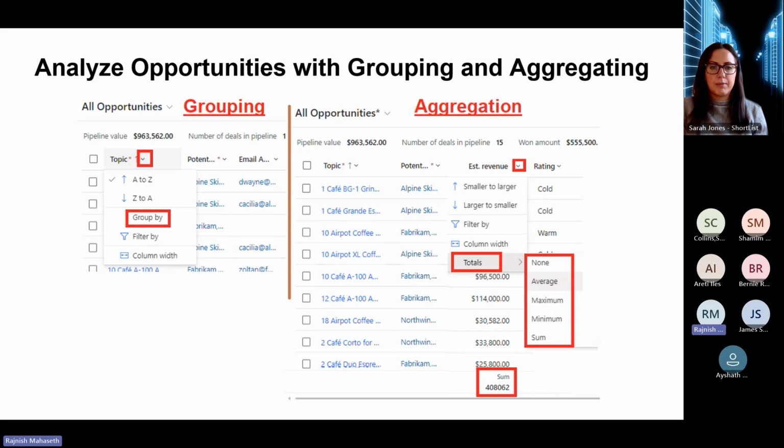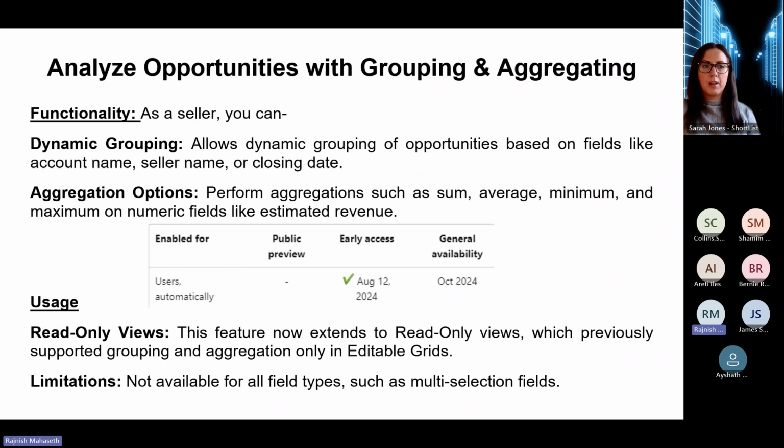Okay. And one thing to note here is this feature is not available for all the field types. Like we have multi-choice field or multi-selection field. For that one, it is not available. So as a seller, you can group opportunities by account name, seller name, closing date, or any other relevant field, and you can aggregate the numeric values. Okay, these two are the main features.